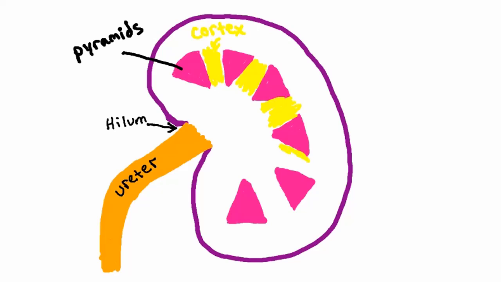So this is a column in between the pyramids, column over here, column over here, and that is continuous with the cortical tissue up here in the cortex.